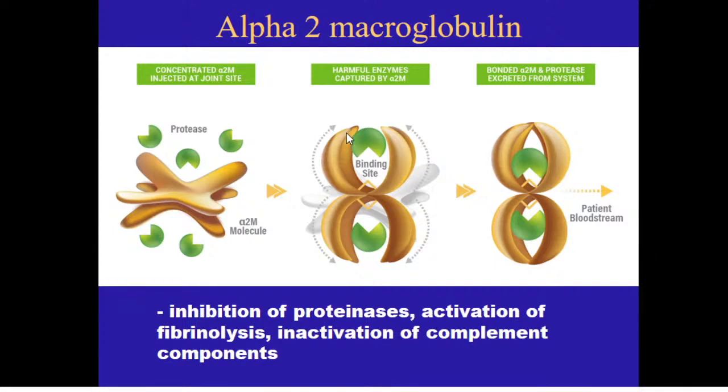This is the function of this antiprotease. Look at the structure, very interesting. The alpha-2 macroglobulin can, by change of conformation, form a binding site with proteolytic enzymes and hide them inside such interesting pockets.